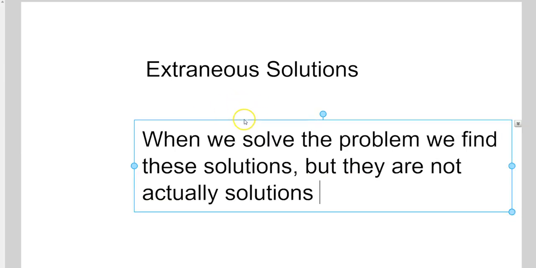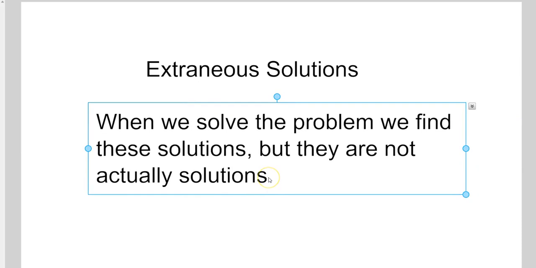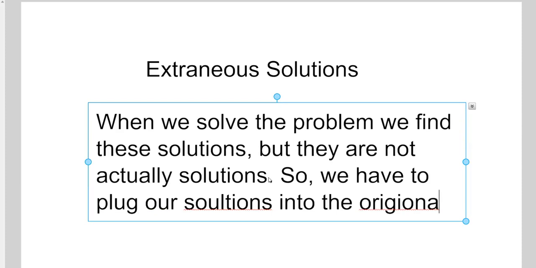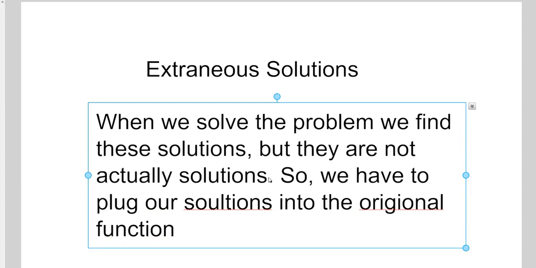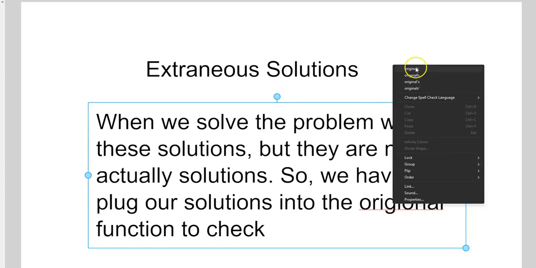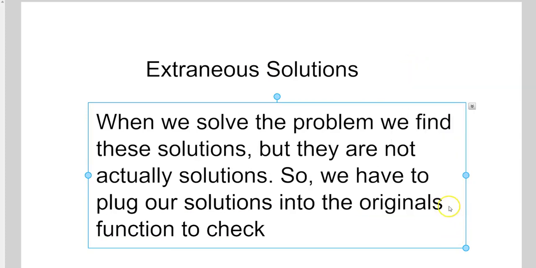Now what we can do is plug our solutions back in to check. We have to plug our solutions into the original function to check.